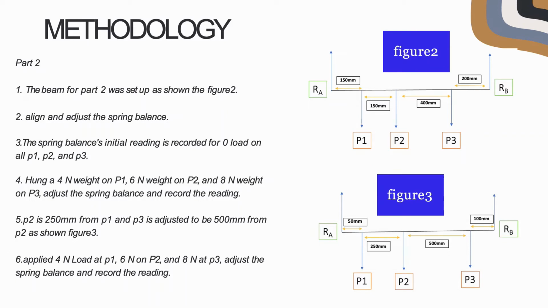Step 5, B2 is 200 mm from B1, and B3 is adjusted to be 500 mm from B2 as shown in figure 3. Here we have load hanger B2 200 mm from B1 and B3 500 mm from B2.